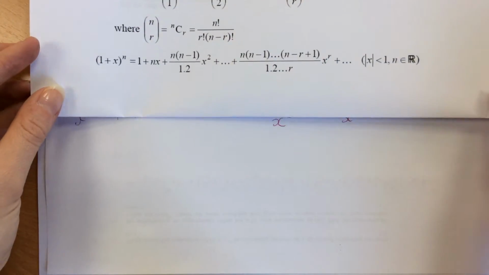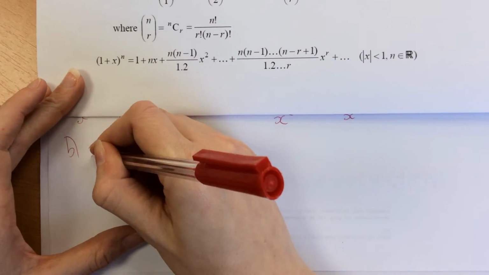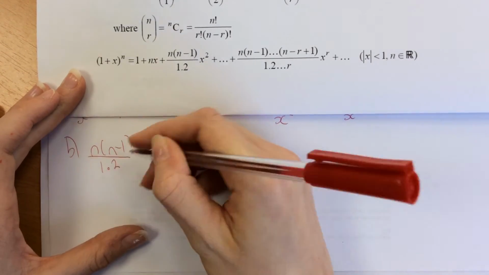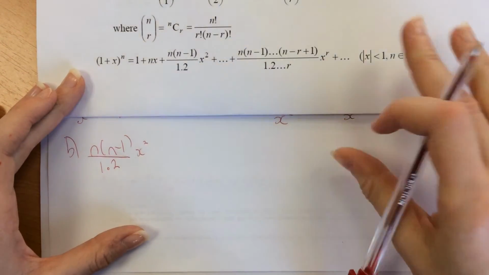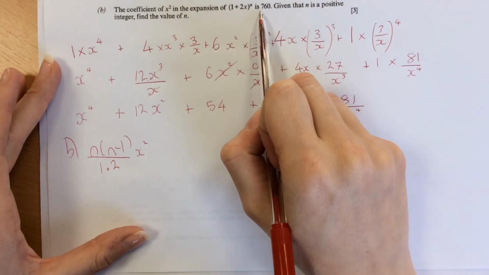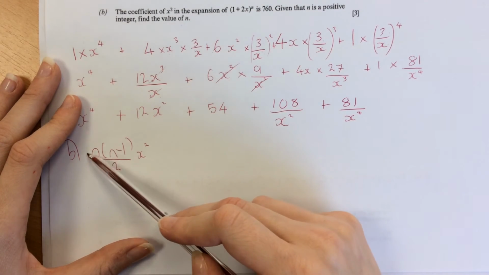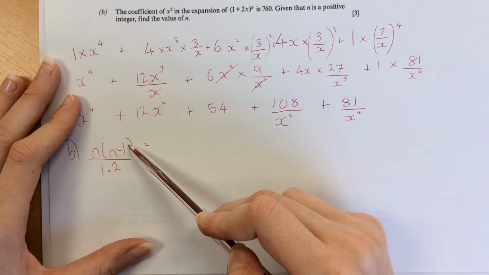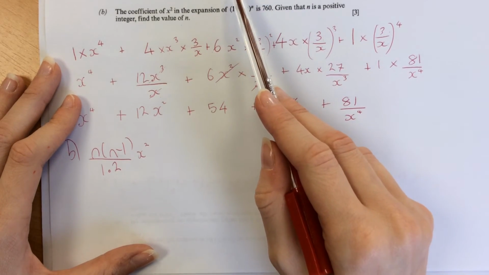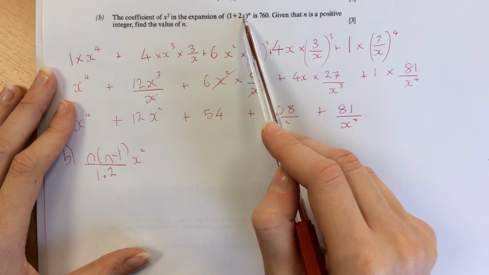If I just write that part out, the part in front of the x squared is n minus 1 over 1 times 2. Remember that means x squared. The coefficient of x squared is 760, so all the bit in front of the x squared is 760. So let's put in what we've got. You've got to be careful because x in this question wasn't just x, it's 2x.